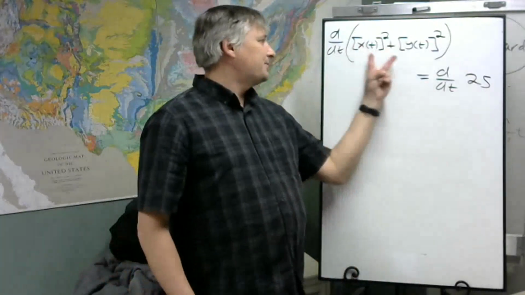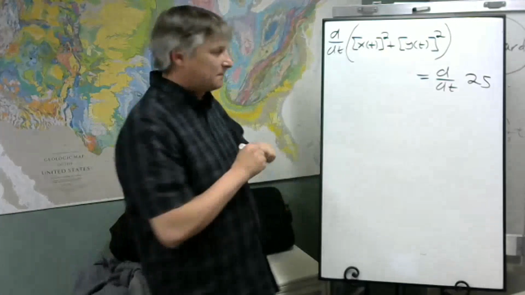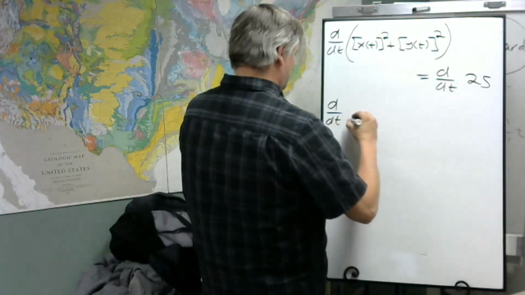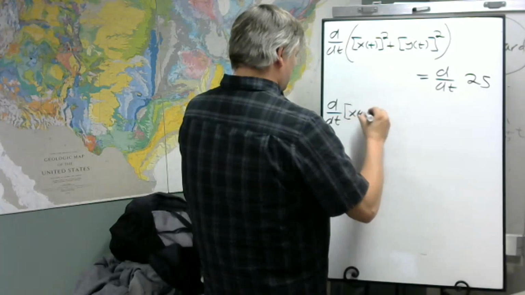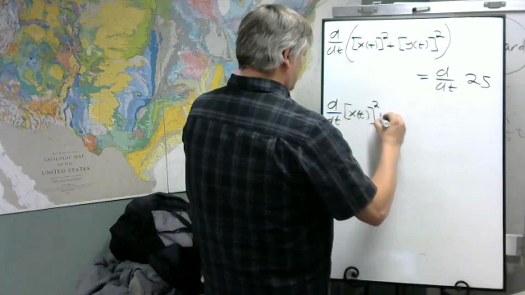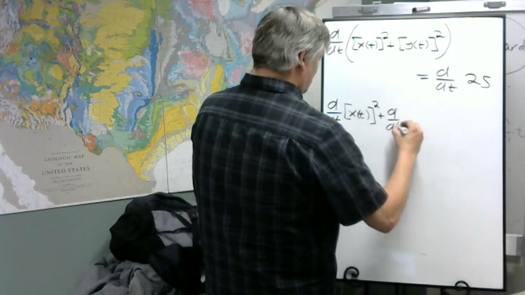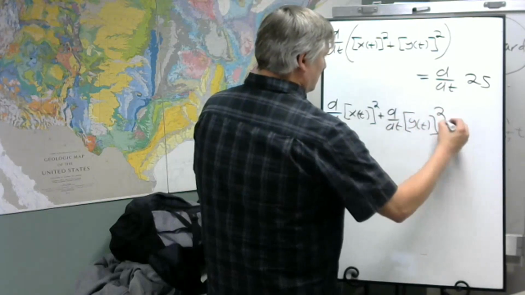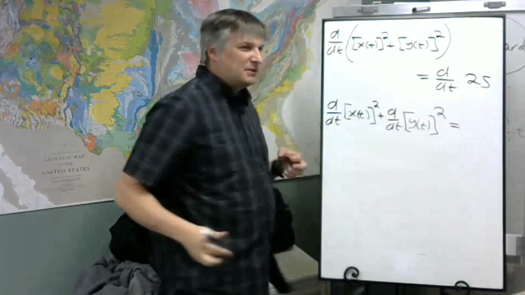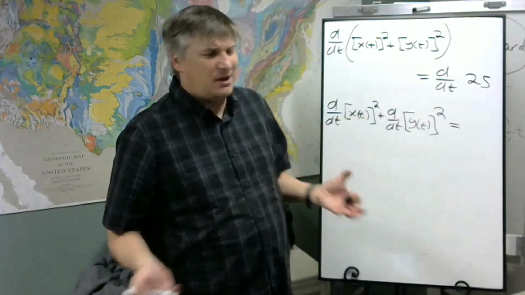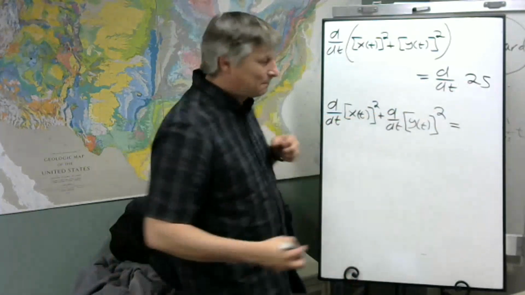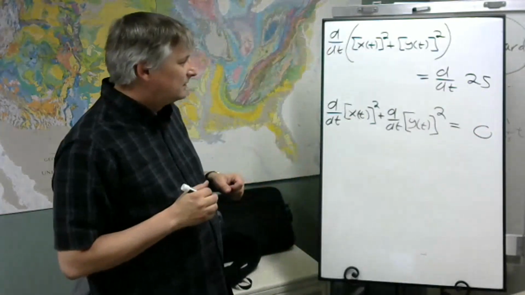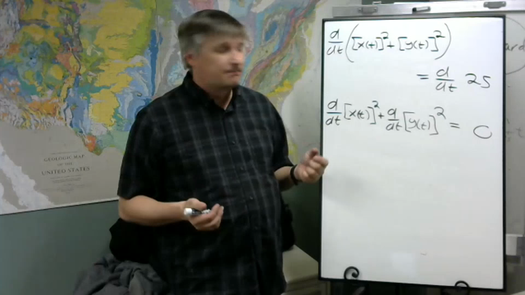Now, here the derivative of a sum will be the sum of the derivatives. And then the derivative of a constant, well, that's the change in a constant. Constants don't change. The change is 0. So the derivative of a constant is 0. So now we got that chain rule again.